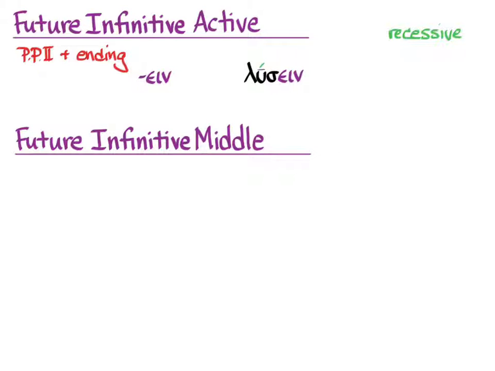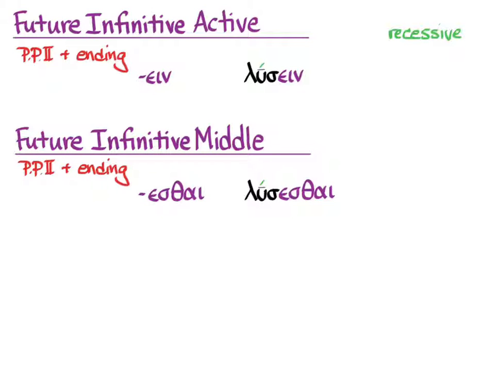The future infinitive middle, of course, is the second principal part and an ending, and this will be the ending that you already know from the present infinitive middle, and that's esthai. And so with the second principal part stem and recessive accent, you get lusesthai.